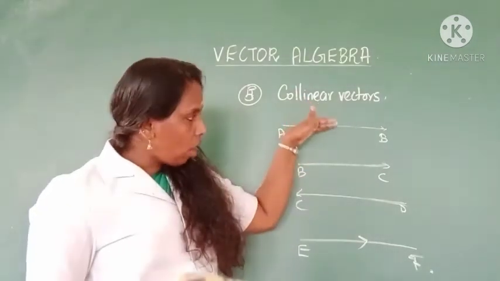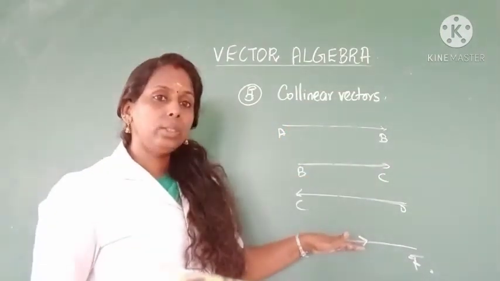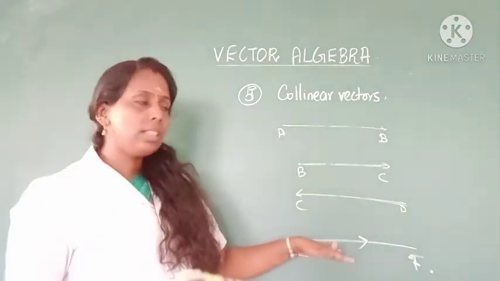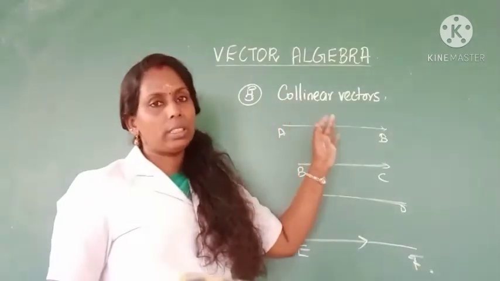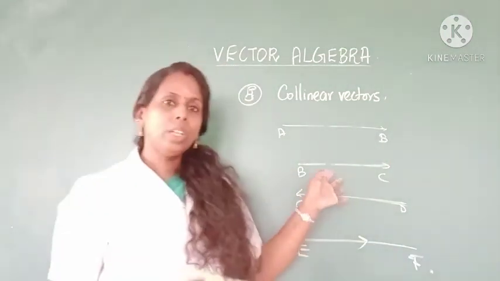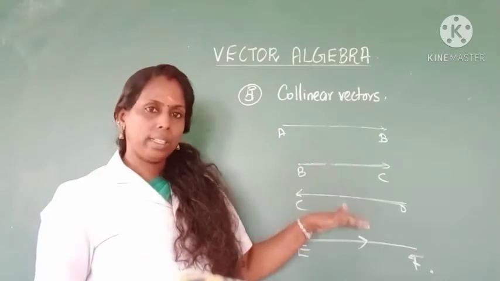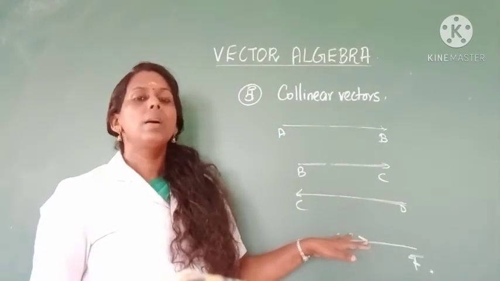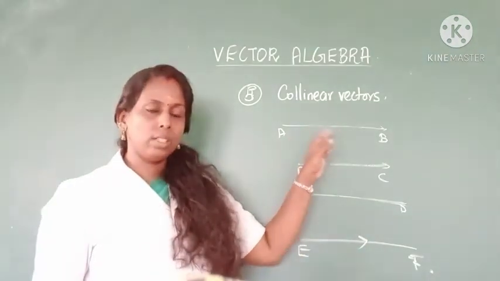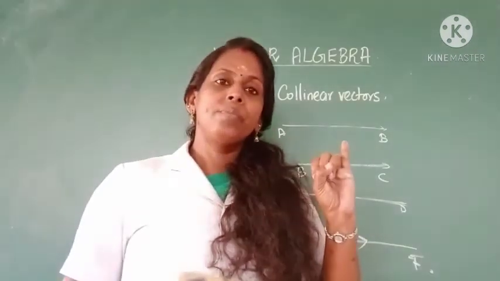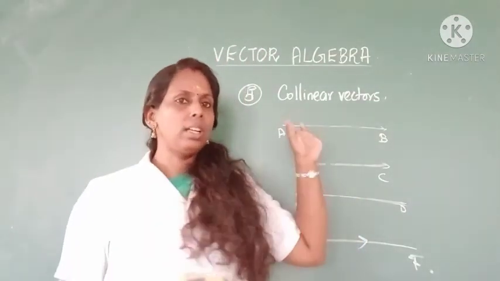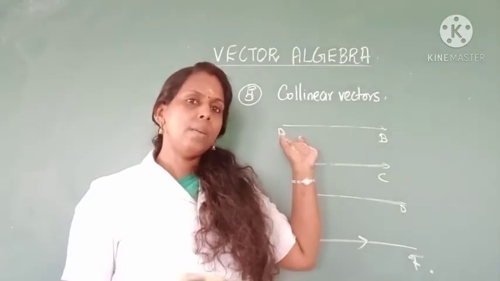These lines are parallel to each other. Such parallel vectors are known as collinear vectors. So two or more vectors are collinear if they are parallel, without considering their magnitude as well as direction. So we have equal vectors, zero vector, unit vector, co-initial vectors, and this one is collinear vectors.